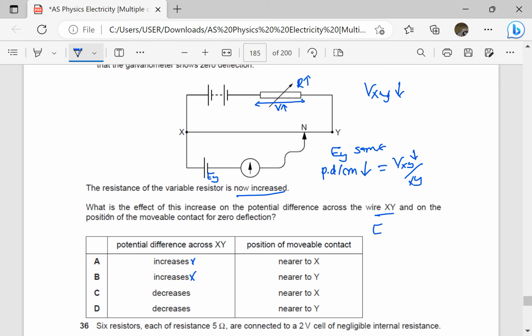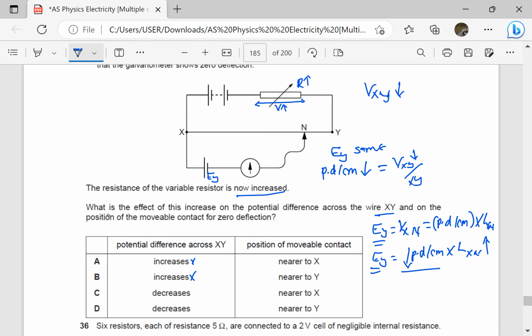And remember, the EMF EY is going to be the PD per centimeter times the length XN. So because the EMF EY is constant, yet the PD per centimeter has decreased, to make EY constant, the length XN must increase.